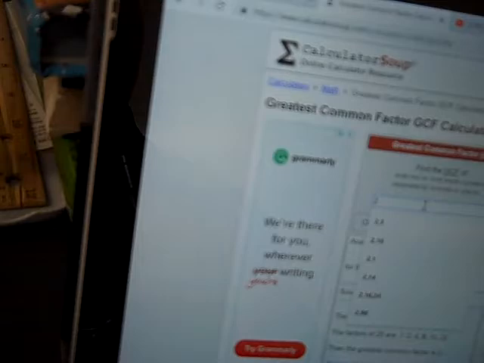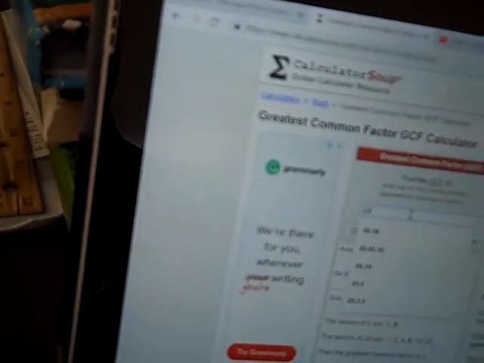Okay, so 20 and 5. That gives me 5, so I divide these by 5. That's 4x. 20 divided by 5 is 4 with x. Negative 5 divided by 5 is negative 1. So minus 1. Okay, 20 and 12. Okay, I got 4.